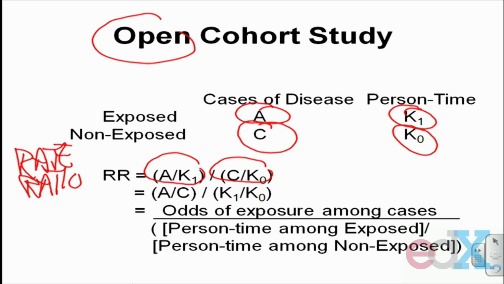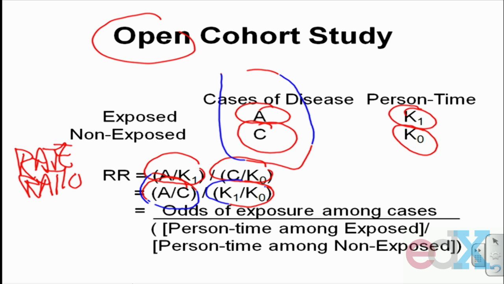Remember, mathematically, I said that incidence rate ratio is numerically the same as first, look at everybody who developed the disease, breast cancer, and measure the odds of exposure among those people, capital A divided by capital C, and divide it by the ratio of how much person time was contributed by exposed people to how much person time was contributed by non-exposed people.